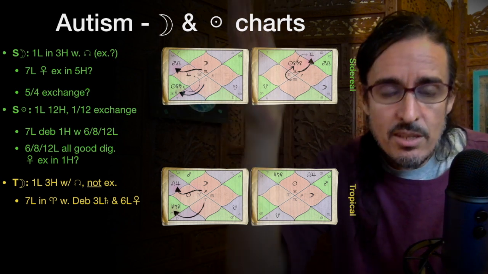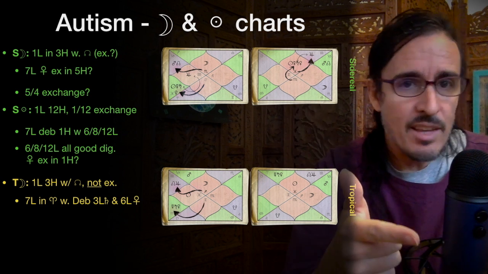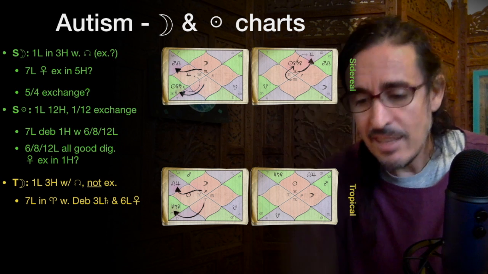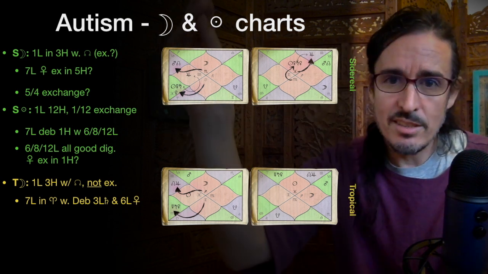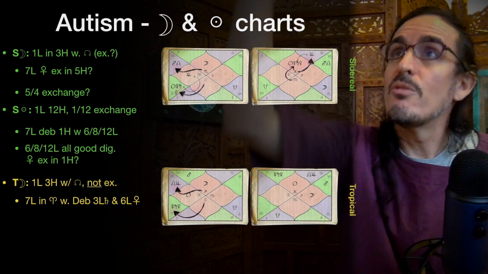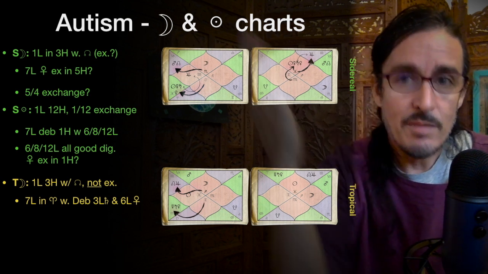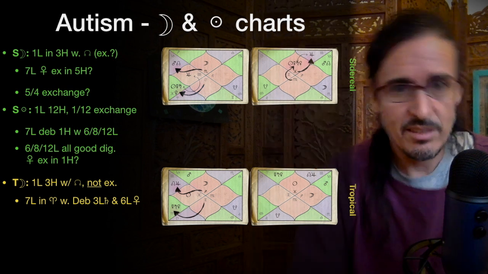So we have the 7th lord coming to the 5th house, but now it's Mercury in Aries, not Venus in Pisces. So it's more about the intelligence of the 7th lord coming to the 5th house because it's Mercury as the 7th lord coming to the 5th house. Then in the sidereal version, it's Venus as the 7th lord coming to the 5th house.